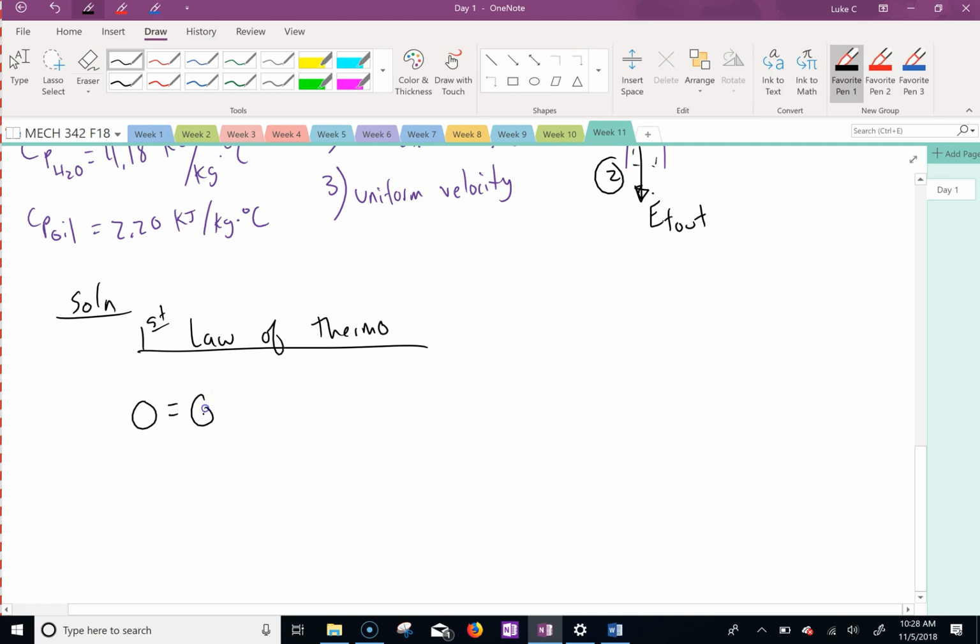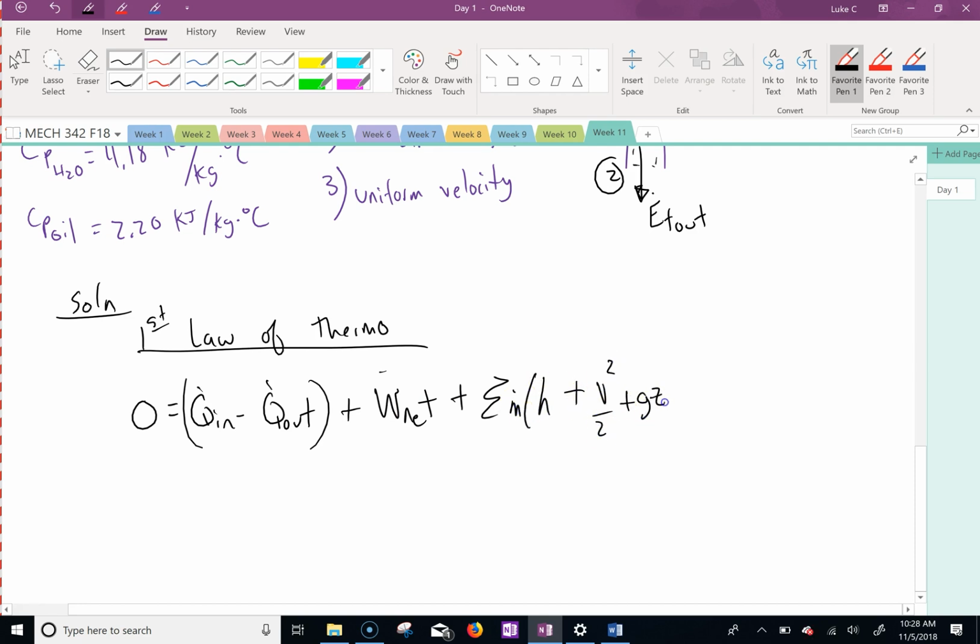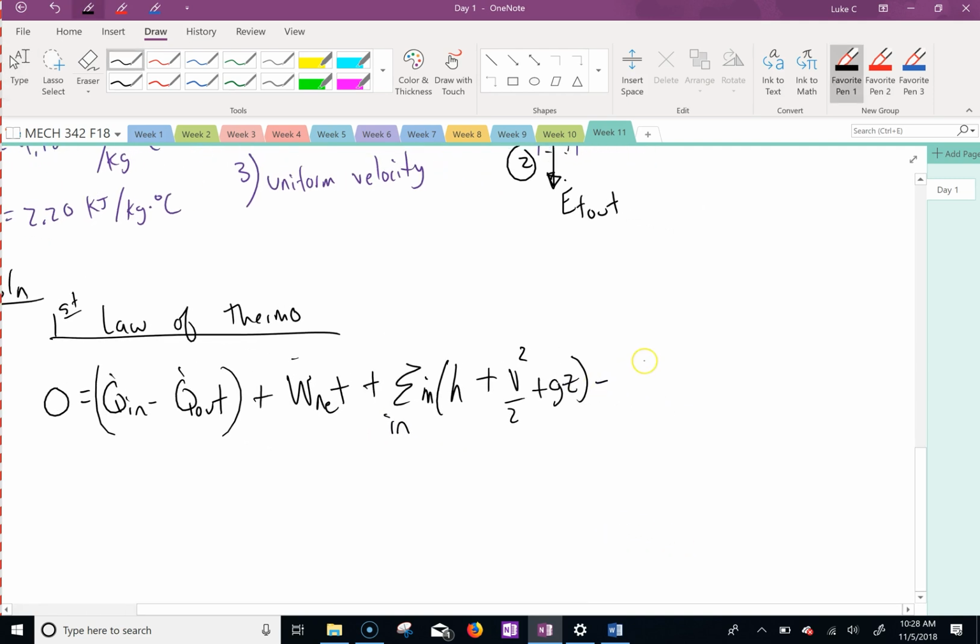And I'm going to write it as Q dot in minus Q dot out plus W dot net plus the summation of m dot (h plus V1 squared over 2 plus gz), and this is in, minus summation of m dot (h plus V squared over 2 plus gz), and this is out.